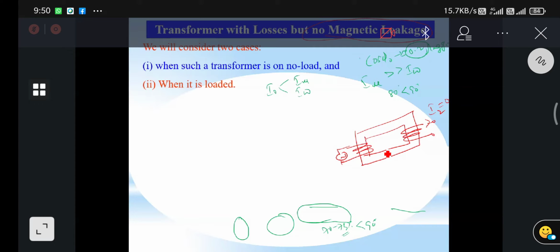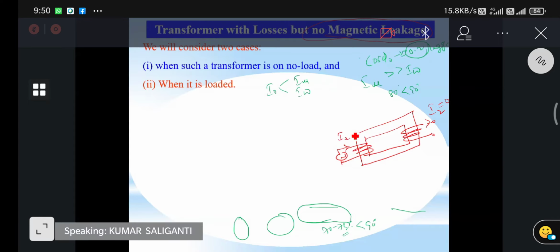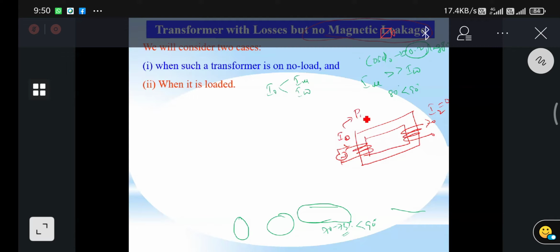A very small exciting current, or I naught, is drawn by the primary. It supplies the iron losses, which are a combination of hysteresis losses and eddy current losses, and also supplies a very small amount of copper losses.